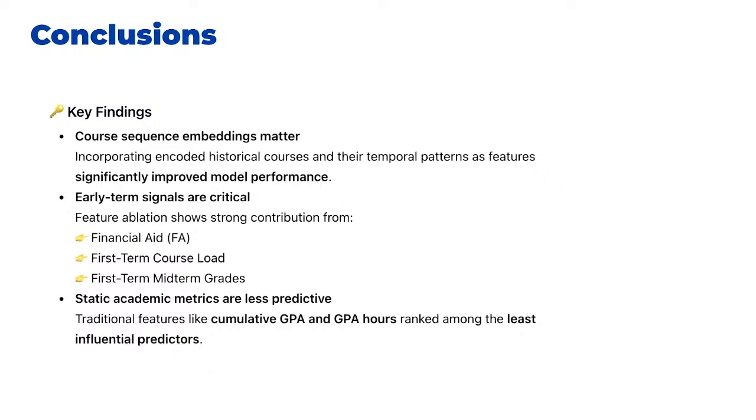And alongside the course sequence, we also saw some first-term characteristics, such as if they received financial aid, if they had a full-load term, or if they performed well on their midterm grades.